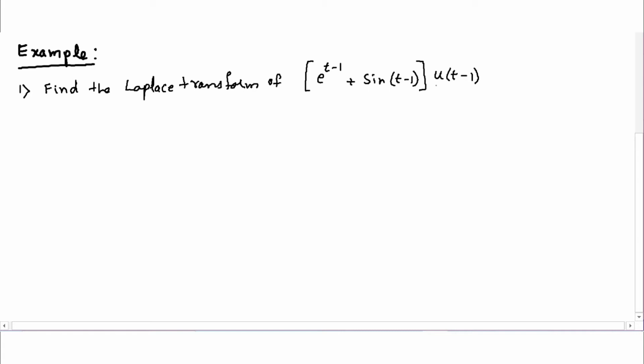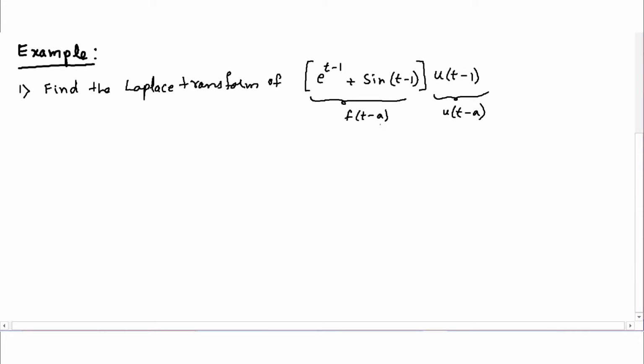So we try to observe the property that we have seen, property number 2. In property number 2 you have the Laplace transform of f of t minus a into u of t minus a. The expression given here is in the form of f of t minus a into u of t minus a.